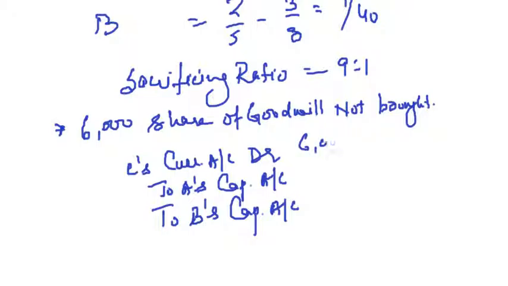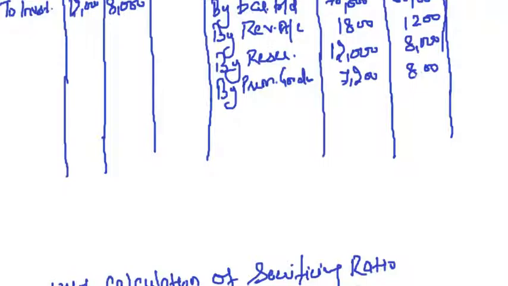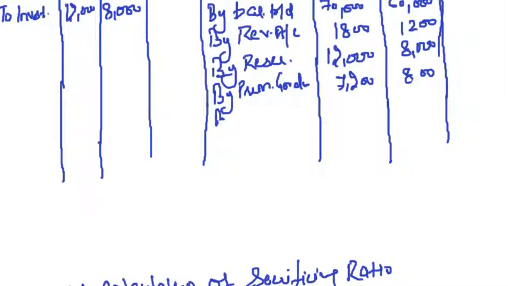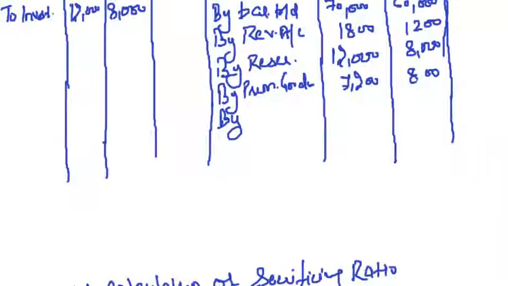The amount will be 6,000 and sacrificing ratio is 9:1. So this will be 5,400 and 600. In the capital accounts, we will write by C's current account. How much? 5,400 and 600. Clear this much?